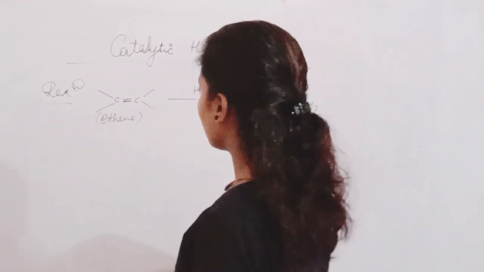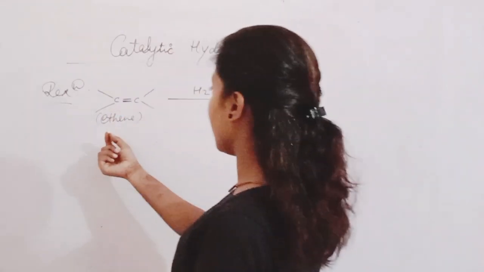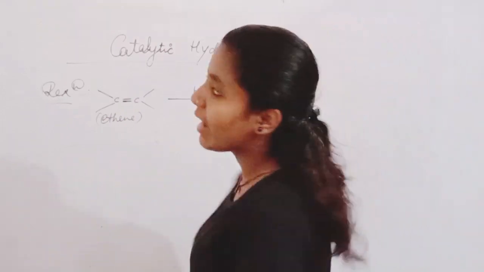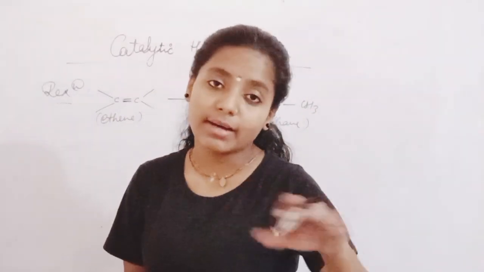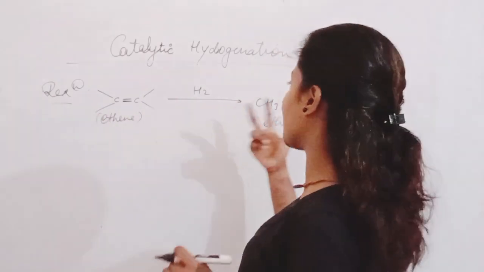So you all know, for working of ethene along with ethane, you need a catalyst. You need a surface just where this particular reaction occurs.